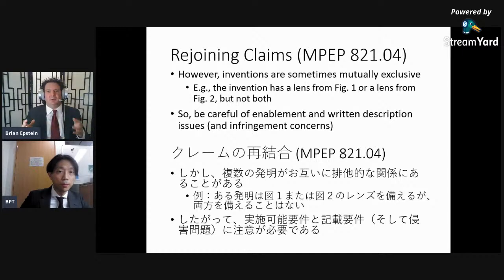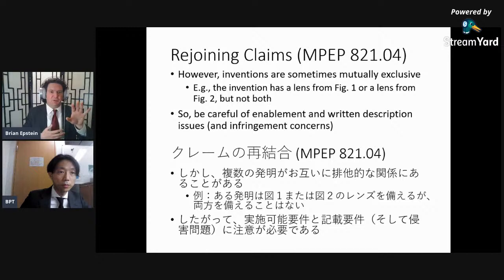In this example, maybe the election is between the lens of figure one and the lens of figure two. We elect figure one. We withdraw the subject matter from figure two, right? These are maybe a different set of independent claims. We add them as new dependent claims depending from claim one.